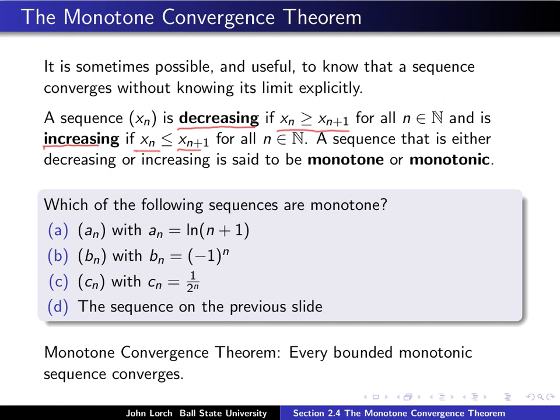And that means as you proceed down through the sequence, the terms are not getting any smaller as you move from term to term. So any sequence that satisfies one of these properties is said to be monotone or monotonic.